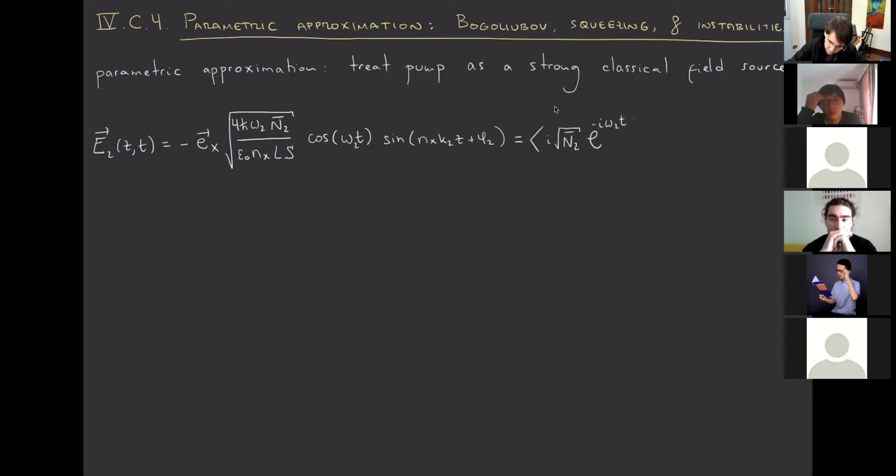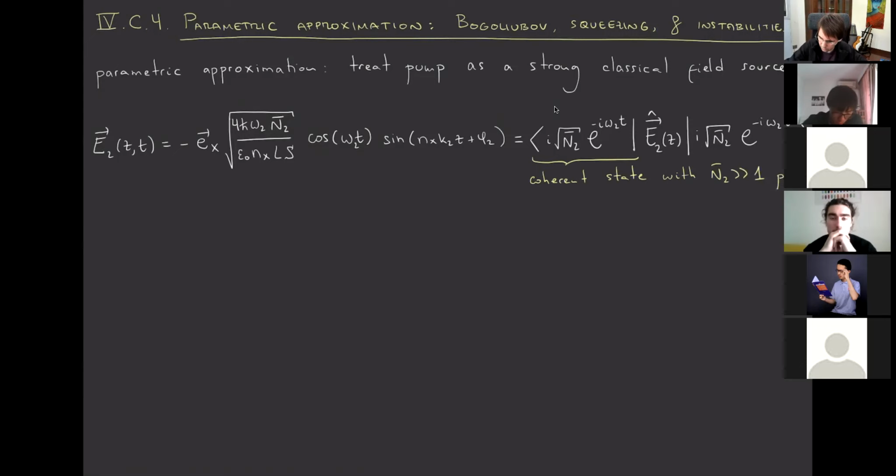And then this classical field is nothing but the expectation value of the quantized component of the electromagnetic field in this coherent state. Okay, so just similarly to what we saw for the atomic case. And in particular, this is a coherent state with N2 much larger than 1 photons.